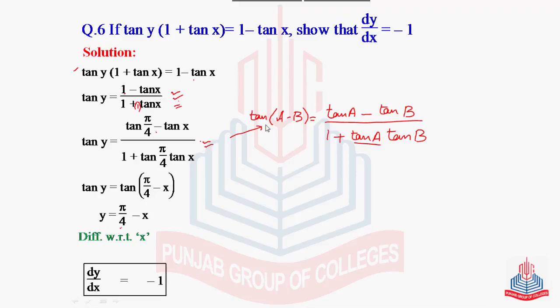So we have a very simplified form, y = π/4 − x. To differentiate, we easily get our required form, dy/dx = −1.